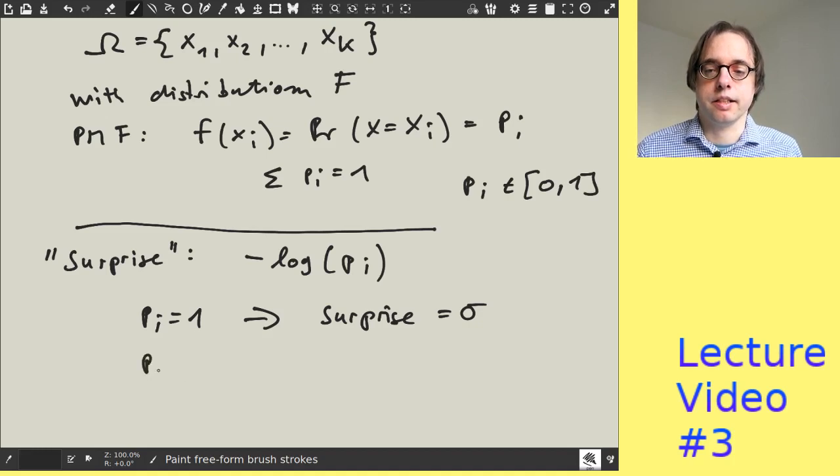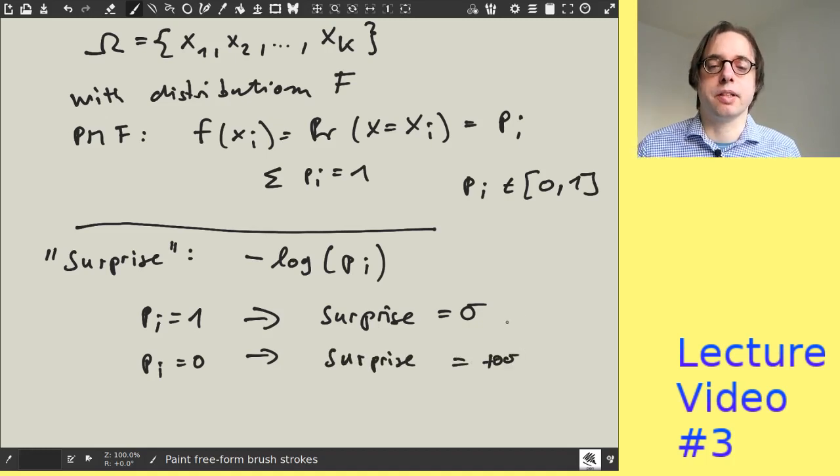And if pi is 0, so if we have an event that actually doesn't take place, then the surprise is actually infinite if it actually takes place. So that's the different scale.